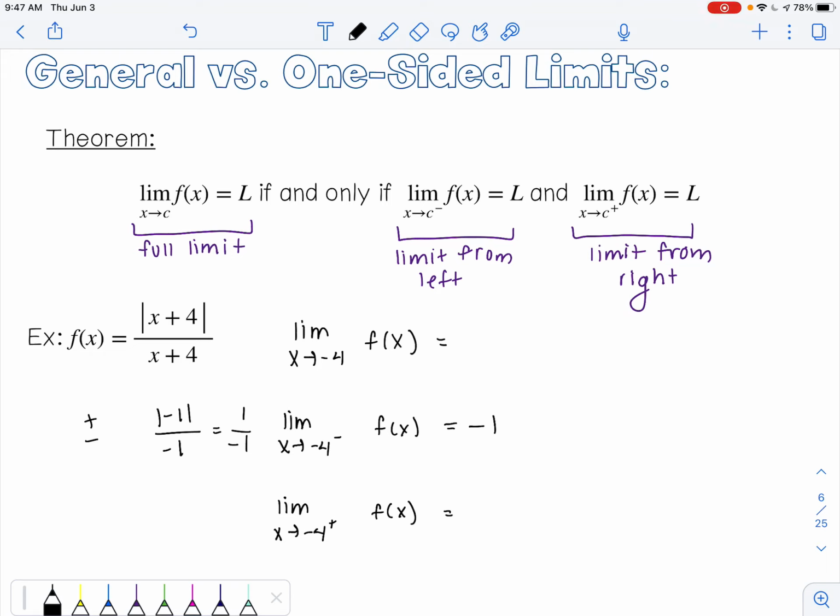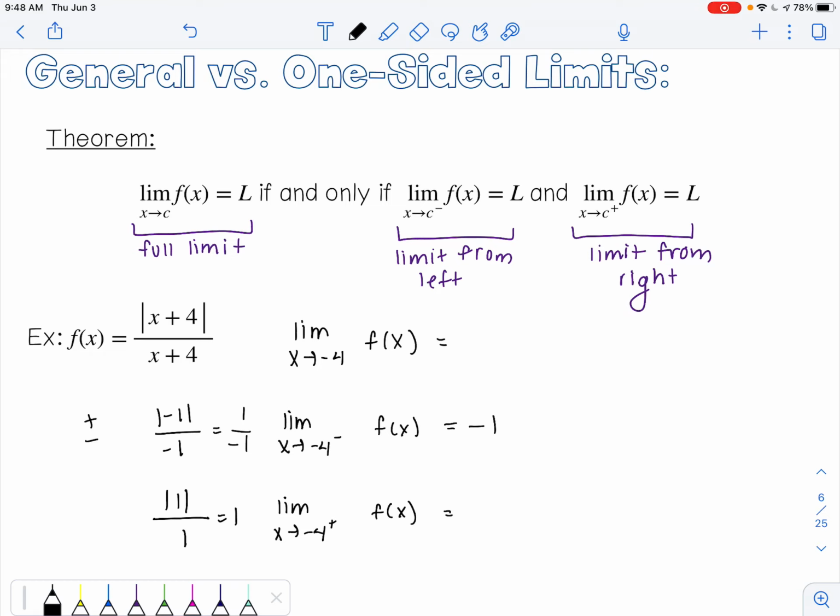As we approach from the right, say we plug in positive 5, well, that would be really far to the right. It's still to the right, but why don't we plug in negative 3? That makes more sense. If we plug in negative 3, we get the absolute value of 1 over 1, and that's just equal to 1.